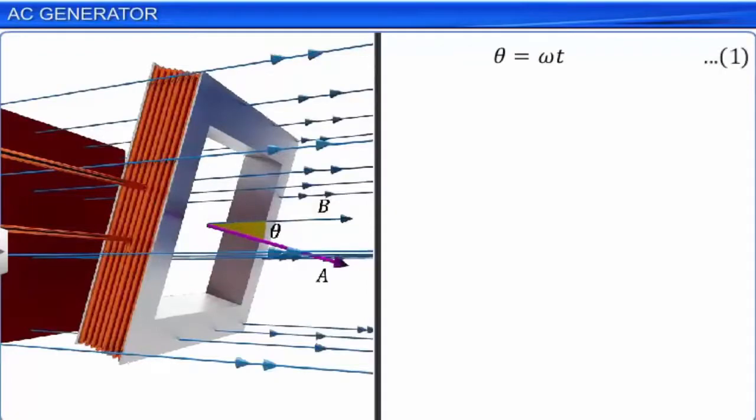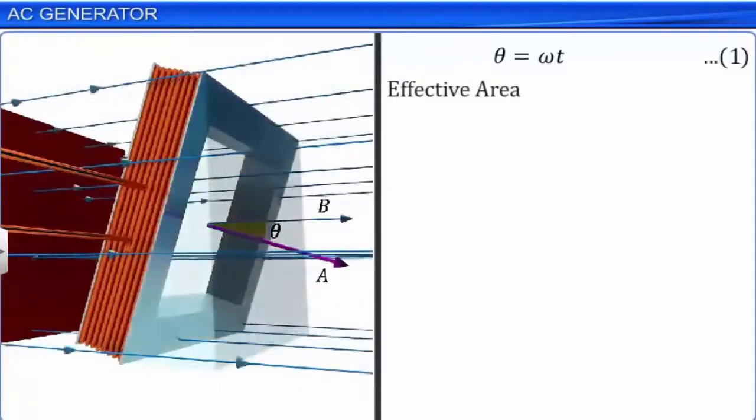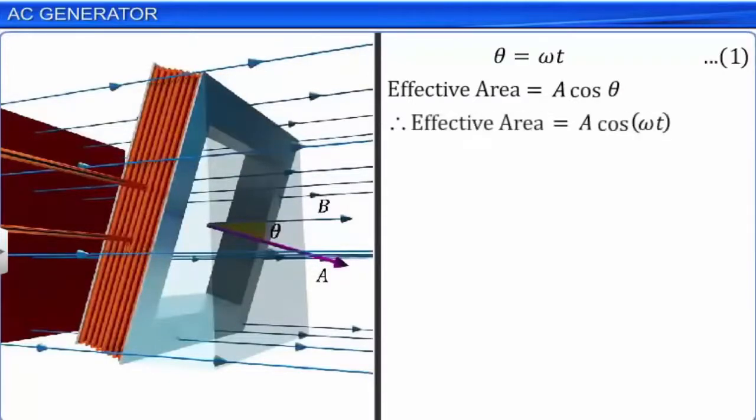Let this be equation 1. The effective area of the coil which is linked with the magnetic field is A cos theta. From equation 1, it is clear that the effective area of the coil is a time-dependent function.